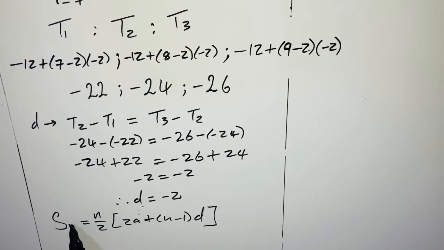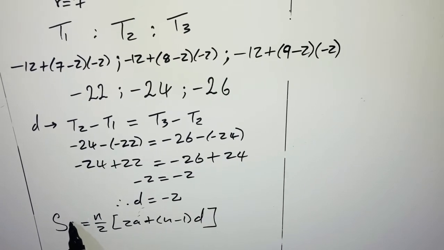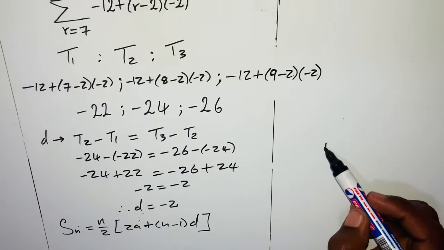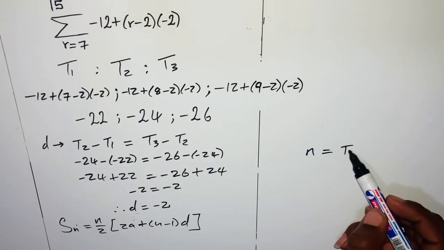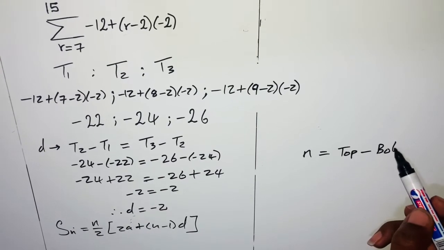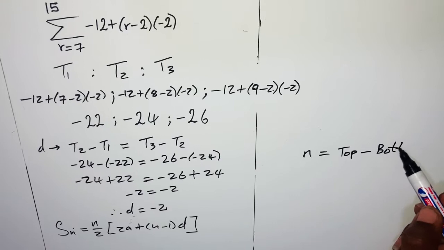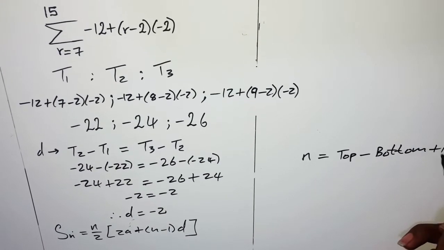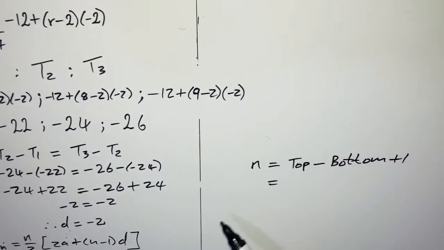So to find my n, I still use the formula. n is equal to the top minus the bottom plus 1. I go back to my sigma.